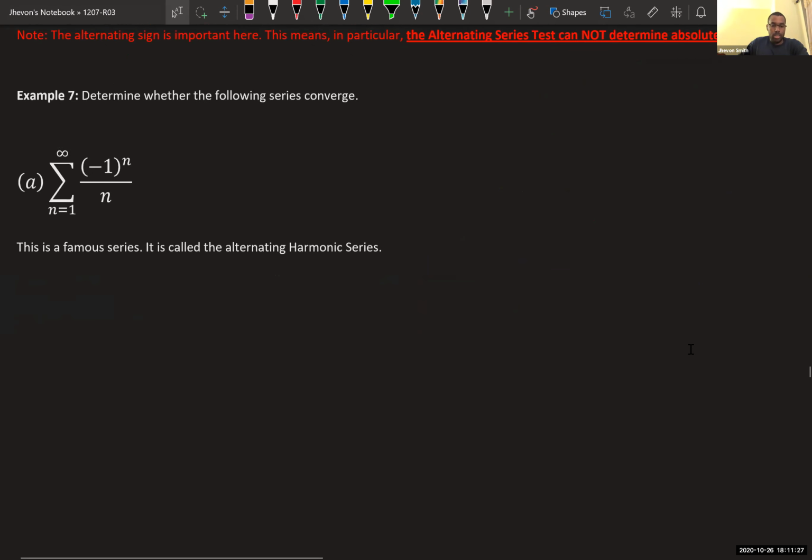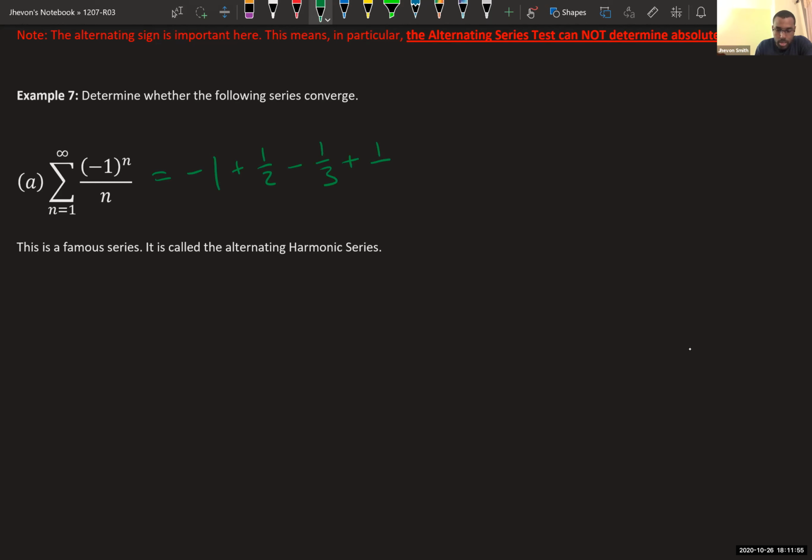Here's an example. Determine whether the following series converge. Okay, so here we have a series. It's -1 to the n over n. Notice that when I plug in n equals 1, I get -1 over 1. When I plug in n equals 2, I get positive a half. Plug in n equals 3, I get negative a third.